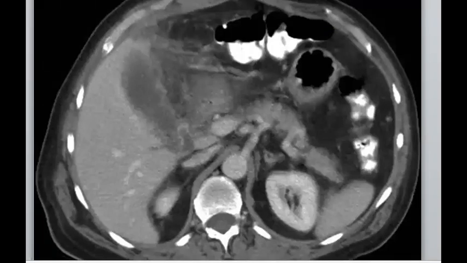What do you think about this one? It's much easier. It comes to you if you practice ultrasound, and you can think about cholecystitis. Perforation, why do you mention perforation?